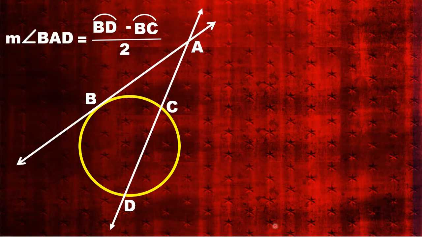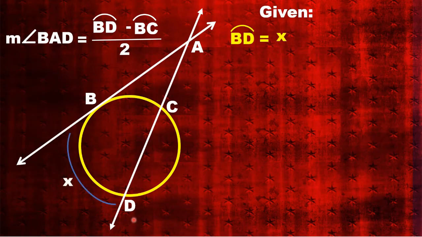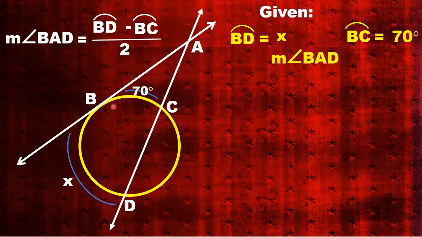Now, what if hindi naman yung angle lang nawawala? Say, for example, we will look for the measurement of this arc. So, given arc BD is missing, so we will represent it as X. But the measurement of arc BC is equal to 70 degrees. And angle BAD is 38 degrees.